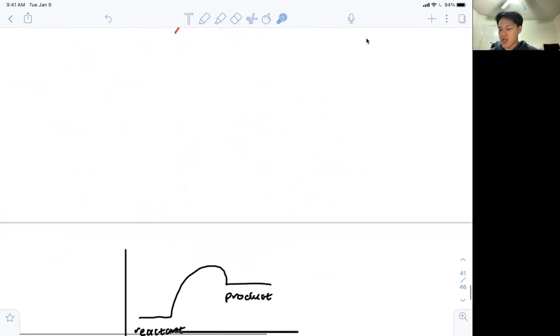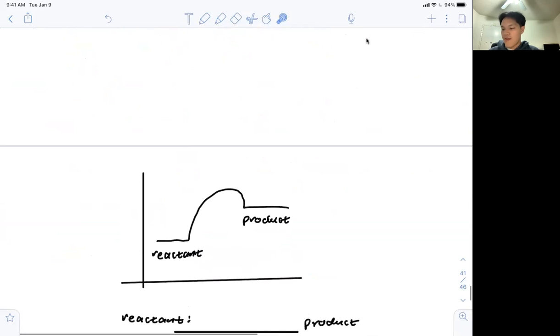And I drew a reaction coordinate here, right, where we have the reactant on this side. This is energy, so the higher you are, the higher energy. So our reactant is in lower energy than the product. And if you remember stuff from chemistry 6b, if you don't, it's okay. But this is a graph of an endothermic reaction, right?